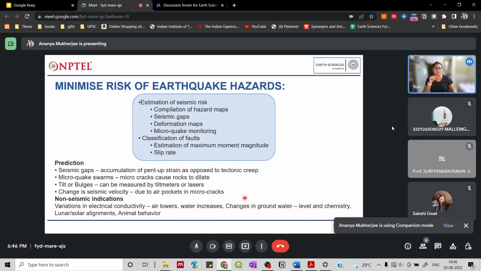There are changes in the level of groundwater and the chemistry, electrical conductivity. These are non-seismic indications. These are not always associated with earthquakes, but sometimes these are pre-indicators of seismic activity if it is going to take place.